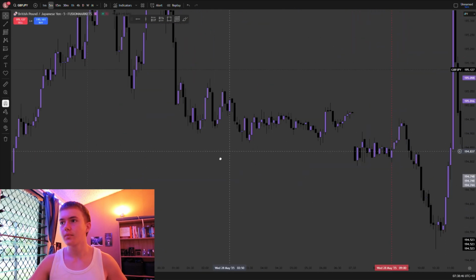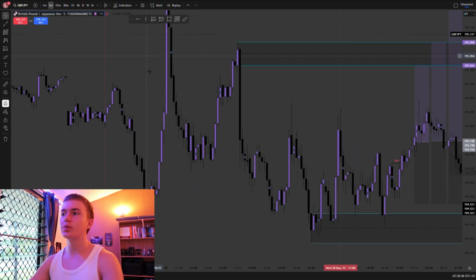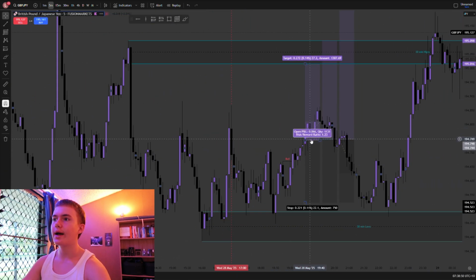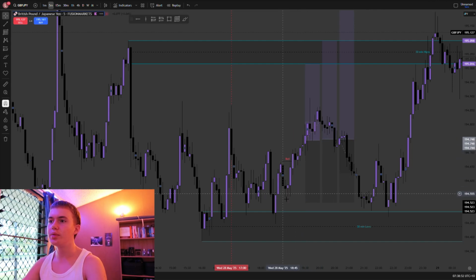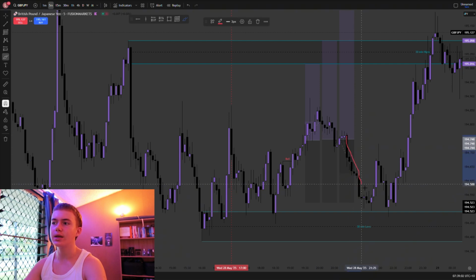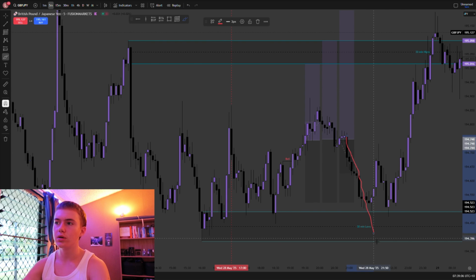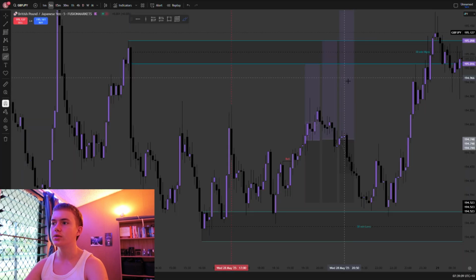Here is where I can learn from it. I had my stop loss 2 pips below these 5-minute lows, which I thought was strong, because realistically I was thinking if it has a big down move like this and it sweeps these lows, it's probably going to sweep these lows as well. It's probably going to change direction and keep moving down.